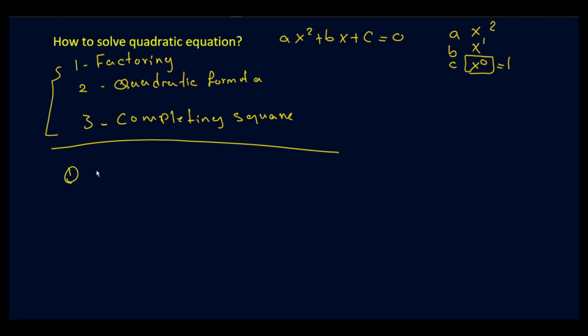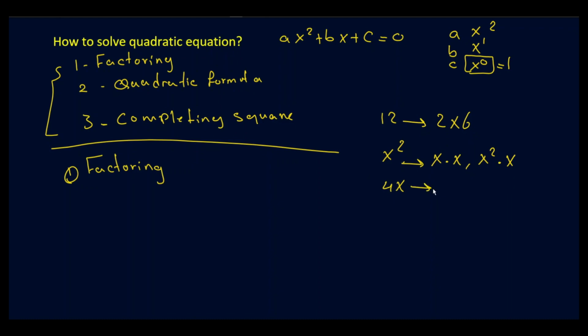Number 1 is factoring. What is factoring? How to find factors for anything. So basically, if we have 12, what are the factors for 12? You can write it as 2 times 6. Okay, what if we have x squared? What are the factors for x squared? You can say it is x times x. Okay, what if we have 4x?